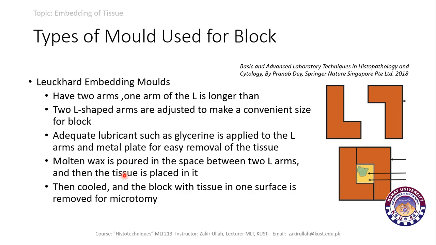The molten wax is poured in the space between the two arms, and then the tissue is placed in it. After pouring the wax, it is cooled, and the block with the tissue on one surface is removed with the help of a microtome.